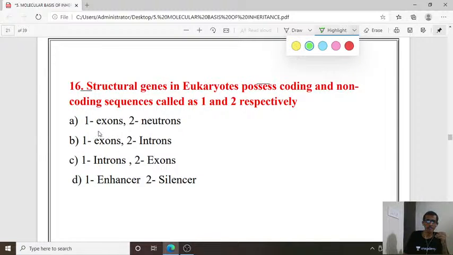So for the 16th one, the right answer is that the coding sequence is called exon and the non-coding sequence is called intron.